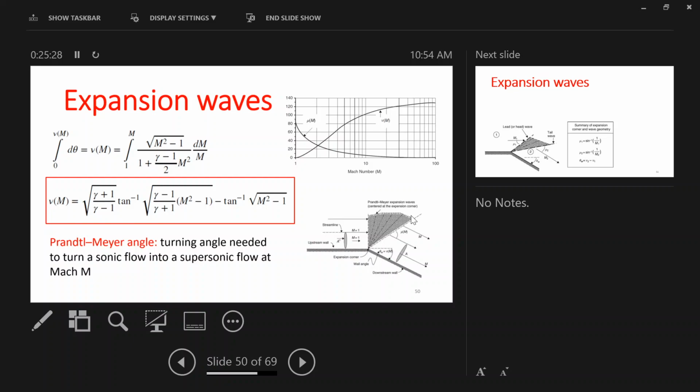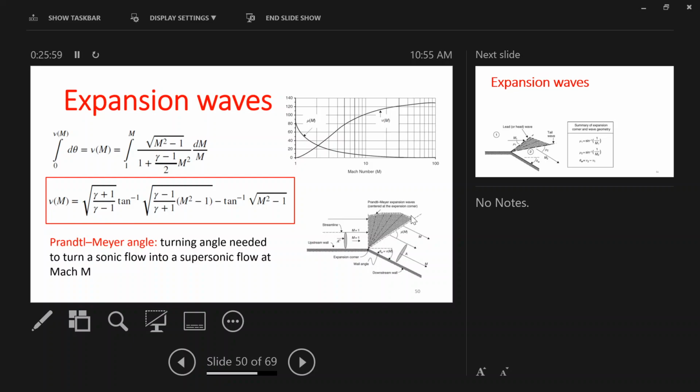So a combination of a lot of these Mach waves is called an expansion wave, and we specifically call this combination a Prandtl-Meyer expansion wave, which is going to be centered at a geometric expansion coordinate like this. So we have a lot of Mach angles that start from here, right?